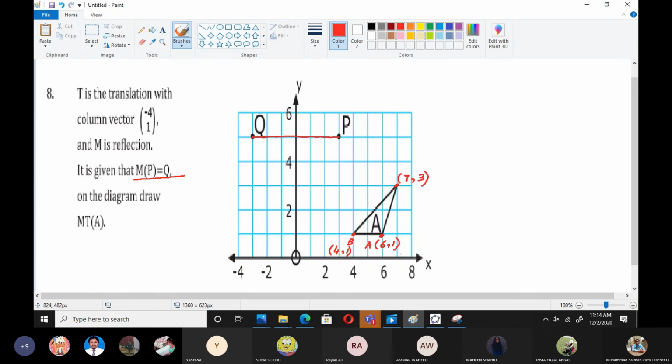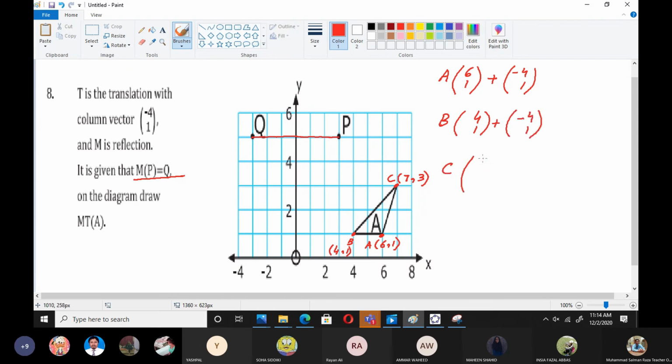Now what I'm going to do, again, the same thing. This is A, this is B, this is C. A is going to be 6 and 1, and what I'm going to add inside it is minus 4 and 1. Results will be taken out later. This is B, 4, comma 1, and I'm going to add minus 4 and 1 over here.